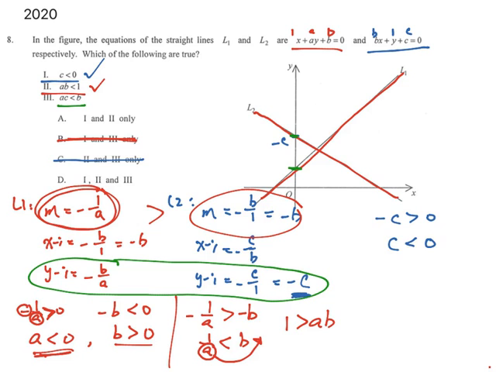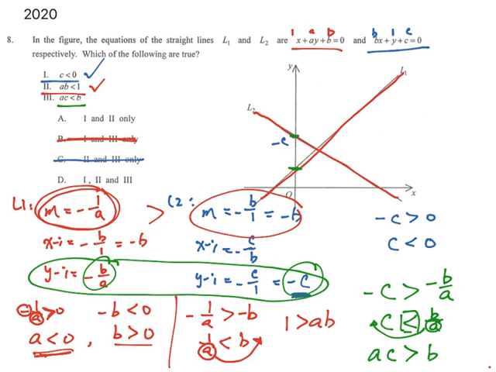So the y-intercept of line 2 is bigger than line 1, so negative C is greater than negative B over A. Now both are negative, so we divide and both become positive, and the direction changes. Moving A to the left-hand side, A is a negative number, so the direction changes again, and it becomes AC bigger than B. So 3 is correct. So the answer is A.